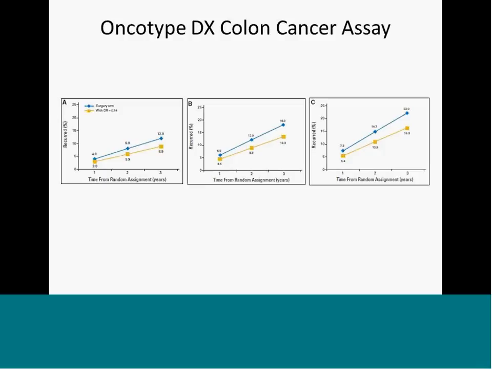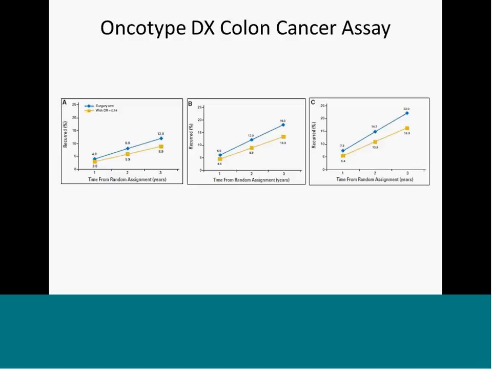So you order it on this person, and the recurrence score comes back at 50. Then you know their risk of recurrence is now, instead of 10 to 12%, more like 25%, and their adjuvant therapy benefit is 5%. So you can see how this can guide your treatment, because someone with a low absolute benefit of 2% may not want adjuvant therapy, whereas somebody whose benefit is now 5 to 6% may want it.